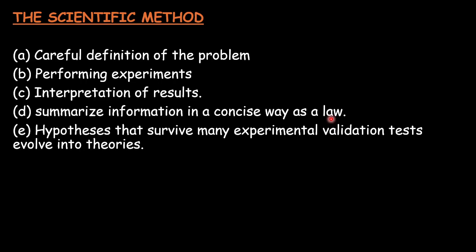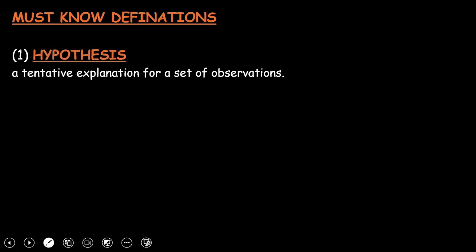Okay. So once you understand these few points, the next thing you would want to look at are the must-know definitions under the scientific method. And these definitions are, first, a hypothesis. You need to know what it is, and we're defining it as a tentative explanation of a set of observations.